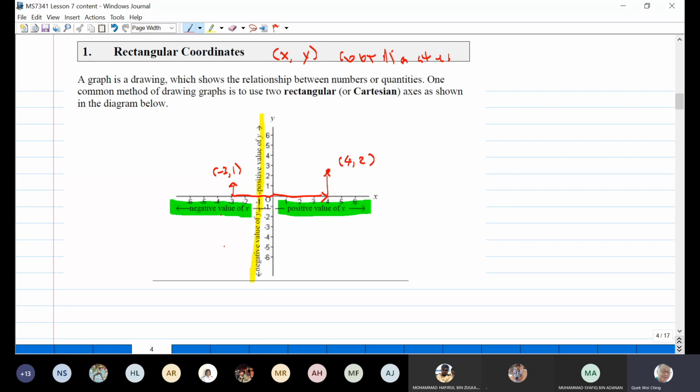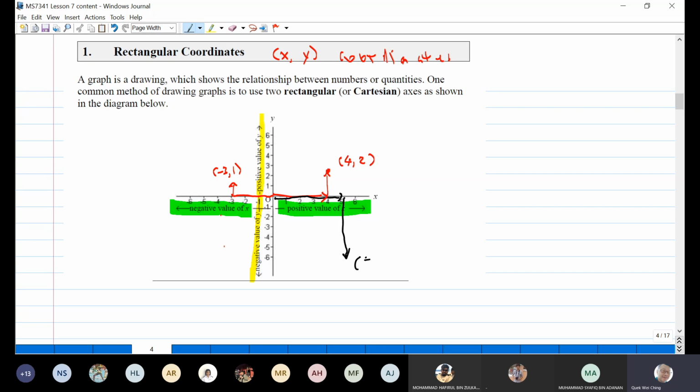Let's do another one. Let's say I want to do (5, -6). How to get (5, -6) here? So I draw, okay, (5, -6) here. So go all the way to 5, then go down to minus 6.